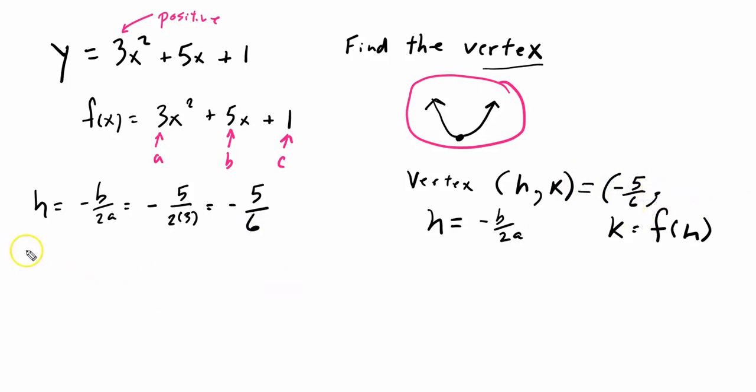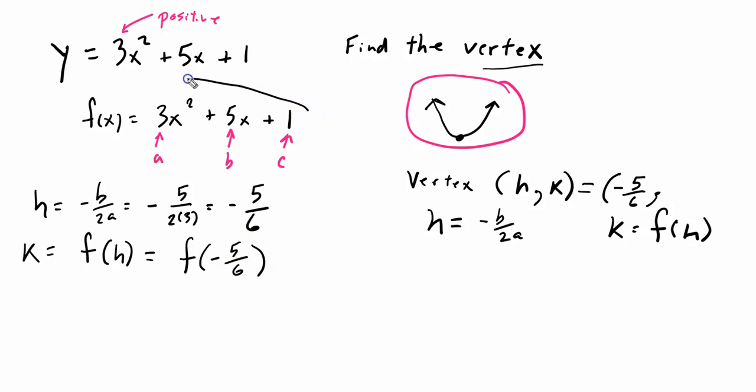Now let's see what the y-coordinate is. The y-coordinate is going to be f evaluated at the x-coordinate h. So that's going to be f evaluated at negative 5/6. So what I'm going to do is I'm going to take this formula for f, and everywhere there's an x in it, I'm going to replace it with negative 5/6.